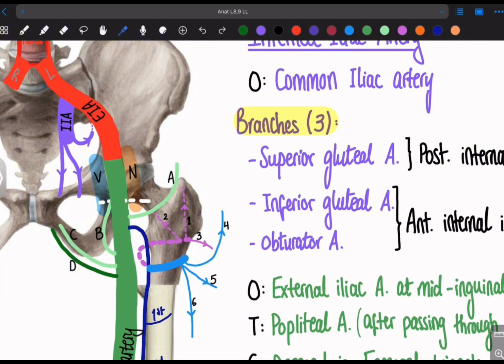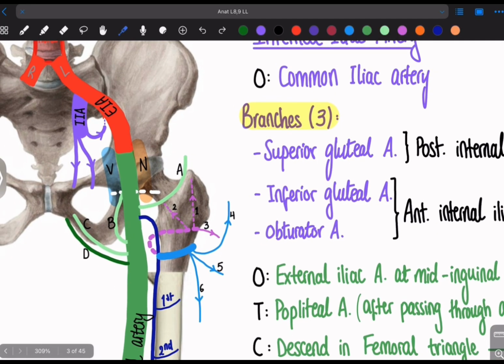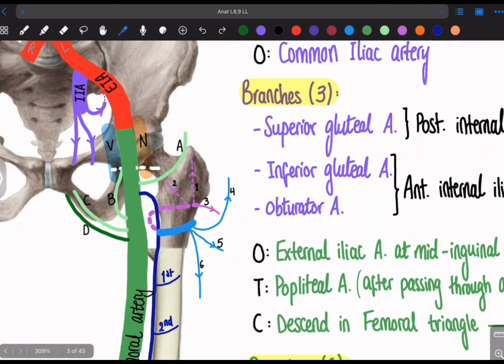Okay, so the external iliac artery continues downwards till it reaches a point here. We're gonna see which point this is, and it changes its name into femoral artery. So what's the point where the external iliac artery changes into femoral artery? Let's see the point. The point is between the pubis symphysis, here we have the pubis symphysis and we have Aziz.